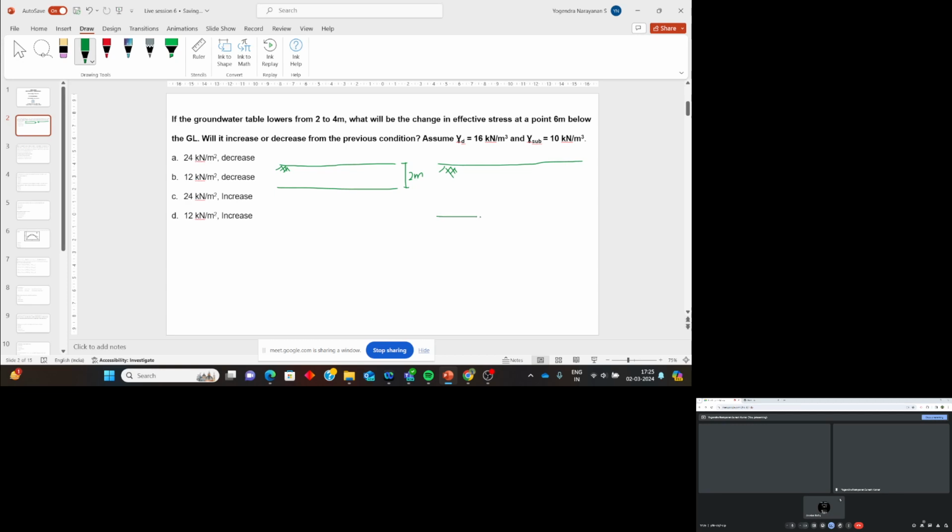Now it has gone deep to 4 meters. We have to calculate the stress at 6 meters. So I think A option. Yeah. This is at 6 meters.